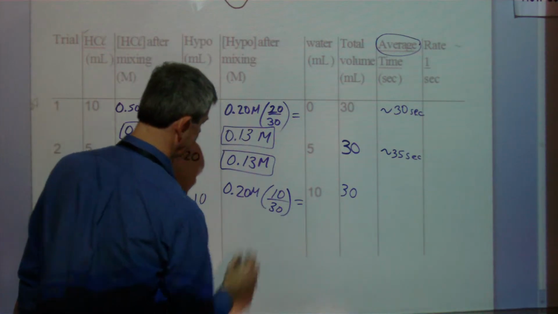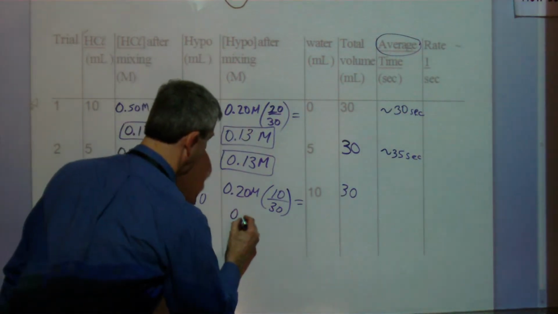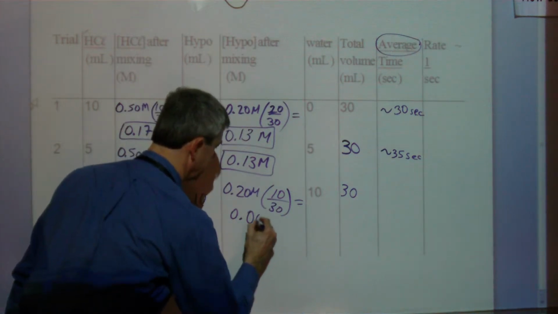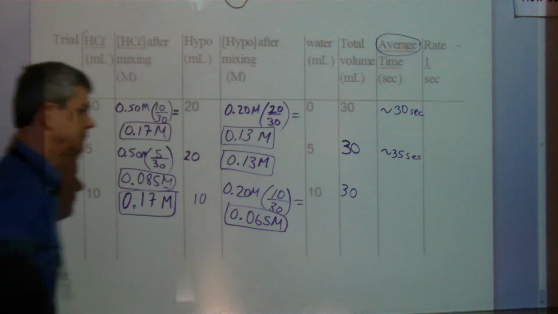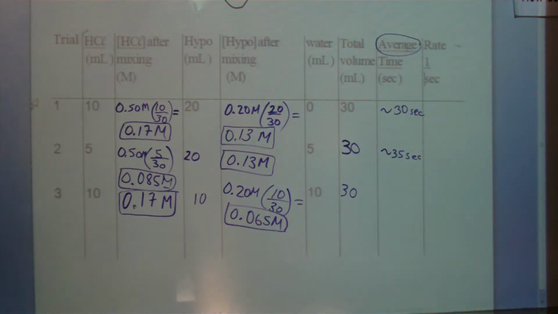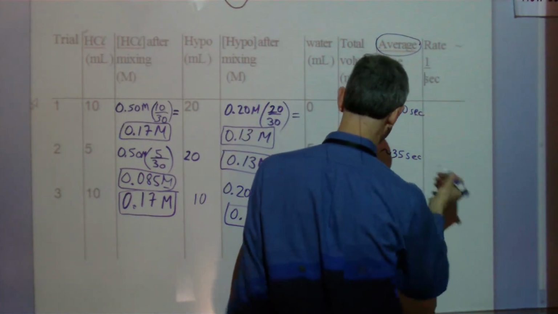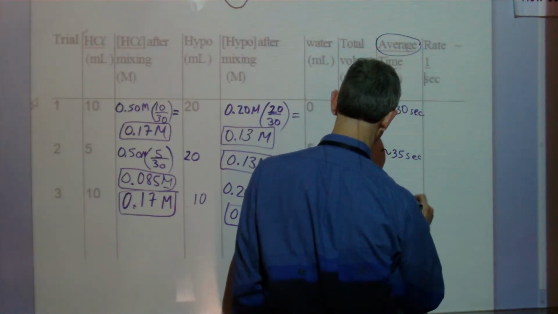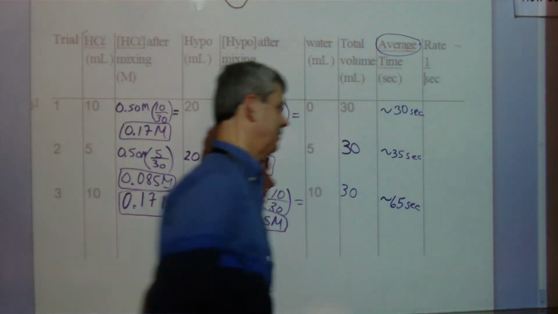And when we calculate that, we end up with half the concentration, approximately 0.065 molar hypo. And when we did that, the approximate time there, from year to year, and your class data might be slightly different, is about 65 seconds.